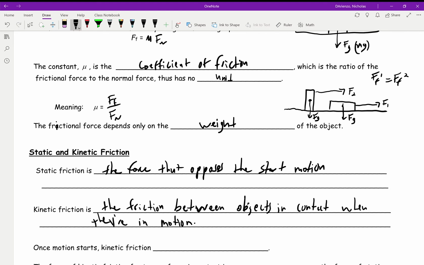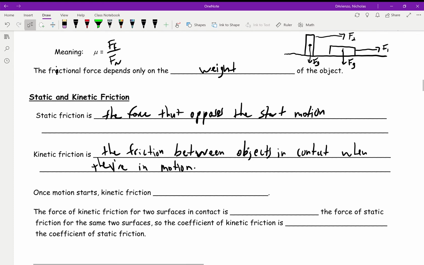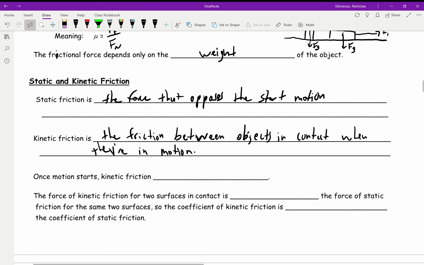So before we start getting the block in motion, we're trying to overcome static friction while the object is at rest. Once it's moving, we are applying a force to keep the object moving, to try and offset the force opposing our motion, which is kinetic friction.